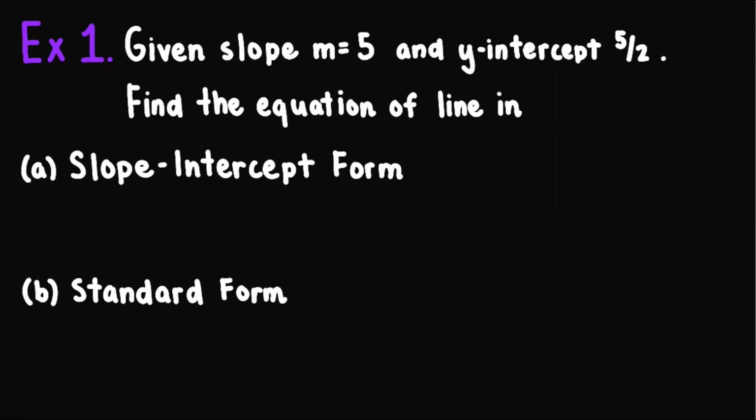So let's start with this. Given the slope m equals 5 and the y-intercept 5 over 2, we need to find the equation of the line in first the slope-intercept form. So again, from above, we know that the slope-intercept form is given by y equals mx plus b.